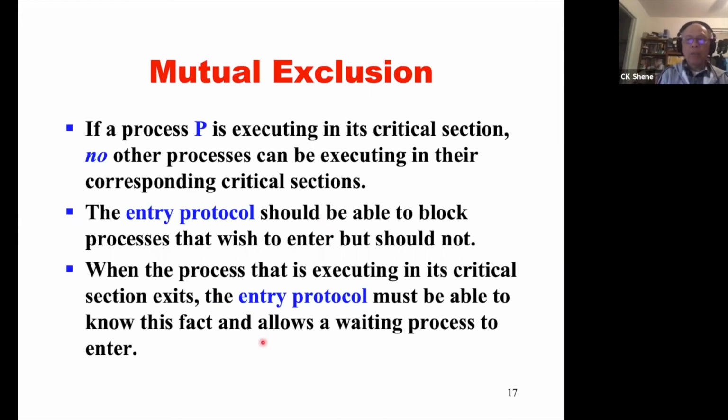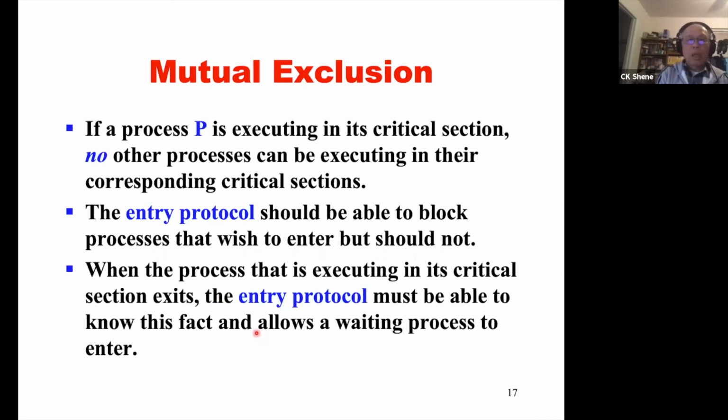When the process that's executing in the critical section exits, upon exit, the critical section has no processes there and should be available to other processes that wish to enter.